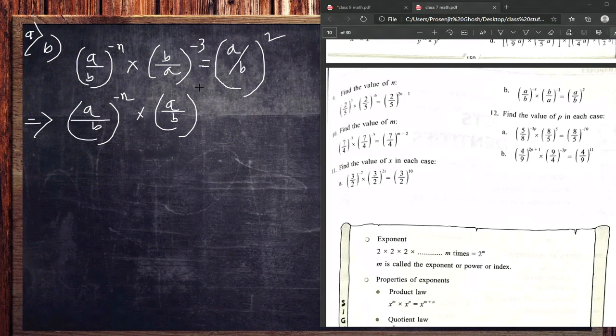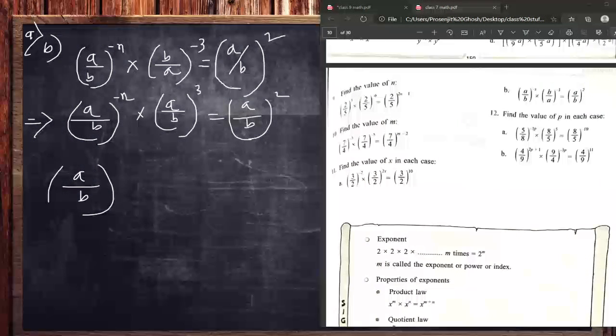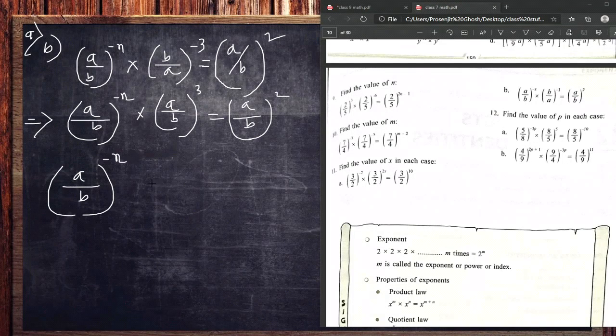You can recheck it by scrolling the timeline up. So all you got over here, that is a cube, and this is a by b whole square. Now a by b whole to the power minus n is there. I'm just sending that a by b whole cube to the other side. So it will be a by b whole square divided by a by b whole cube.